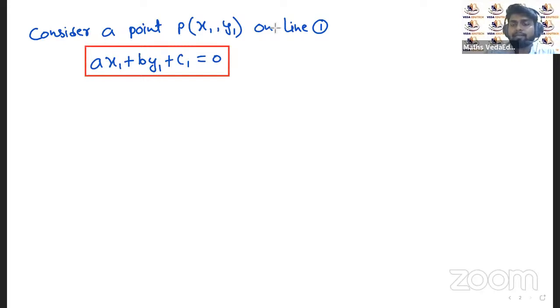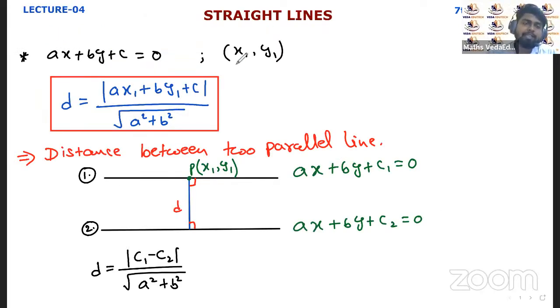Now, we have already said that if we have a point and a line, the distance from the point to the given line is d equal to modulus of ax1 plus by1 plus c. Similarly, if we consider here the second line, ax plus by plus c2, and one of the points is given.